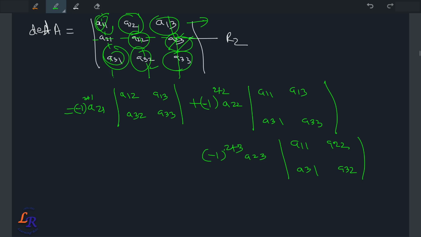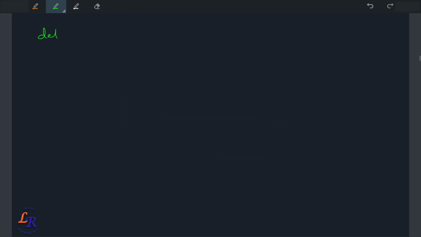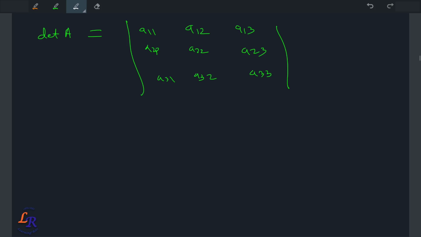Similarly, for example, if you want to expand the same determinant with respect to some column, right? So let's say this determinant is A11, A12, A13, A21, A22, A23, A31, A32, A33, right? Instead of that row, I just want to expand with this column C1. So again, I'll follow the same rule.